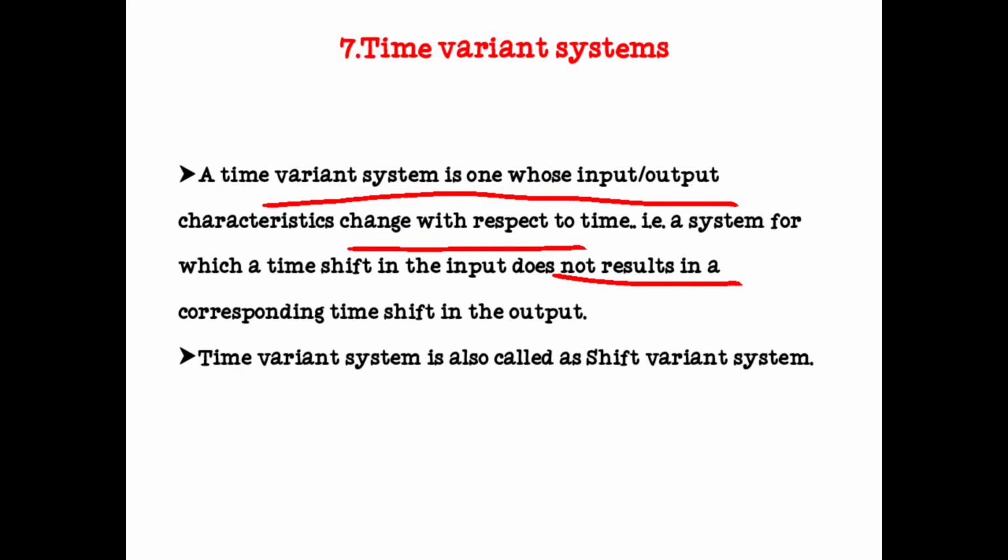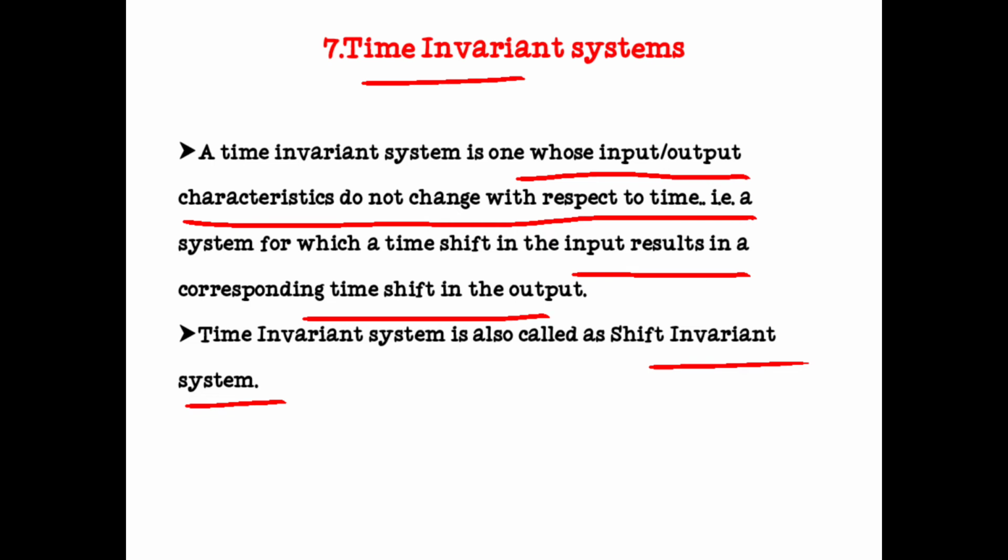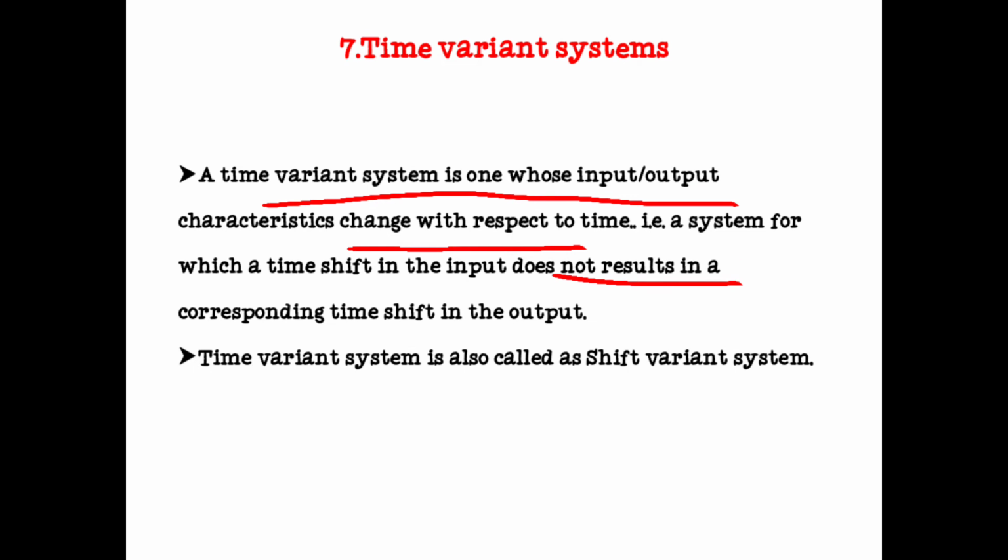If there is a time shift in the input, there should be a time shift in the output. If there is no time shift in the output, that system is said to be a time variant system. It is otherwise called a shift variant system.